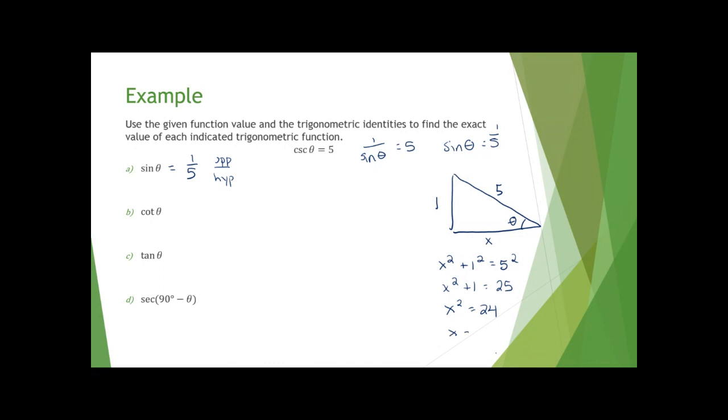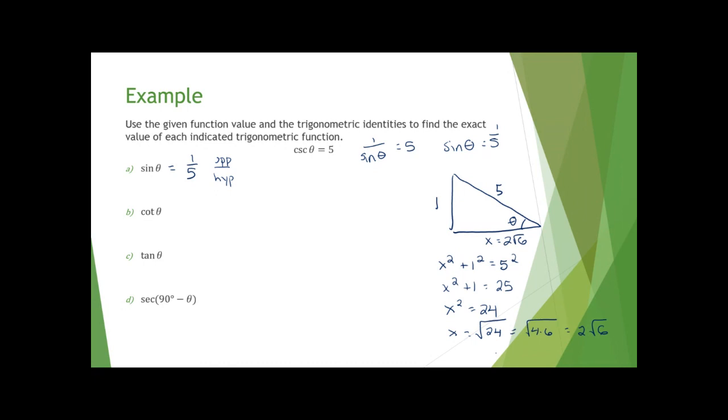And take the square root. Again, I don't know if there's negative, so I'm going to assume the positive. Let's see, how can I split? That's going to be 4 times 6, so that is 2 times the square root of 6. I know my missing side, 2 square root of 6.